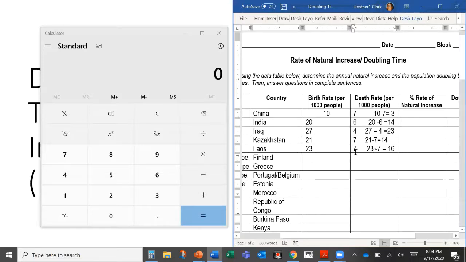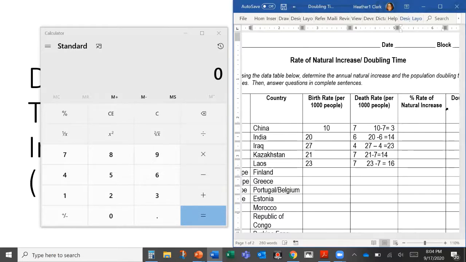All right, so here are our numbers. What we do now is divide this by 10. Again, the formula is the crude birth rate minus the crude death rate, divided by 10. So we take this number here, this 3, and divide it by 10. 3 divided by 10 equals 0.3.